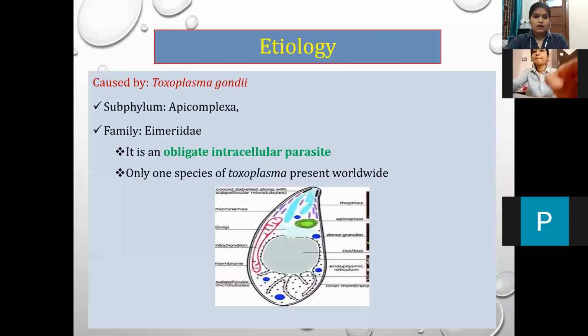As we know, the causative agent is Toxoplasma gondii, an obligatory intracellular parasite. This is an apicomplexan type of parasite because of its structure, under the phylum Apicomplexa.